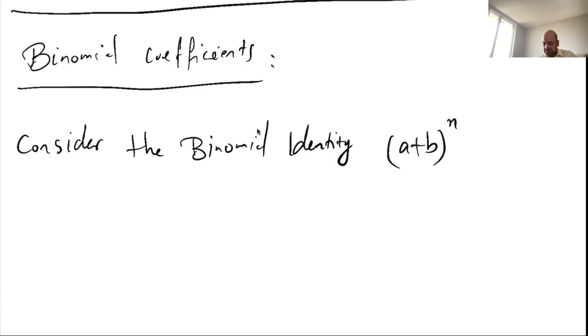The identity for a plus b to power n is called the binomial identity, and the coefficients when you expand are called binomial coefficients. Because I haven't derived the identity yet, let me call it the binomial expression, a plus b to power n.